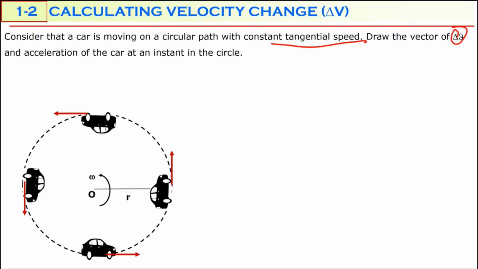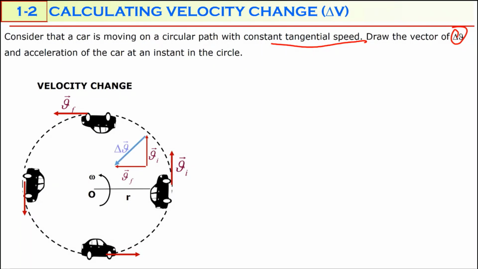So let's get delta V. Rule: velocity change. Draw initial and final vectors so that their tails coincide. V initial, V final. Draw a directional line from the tip of the initial to the tip of the final.